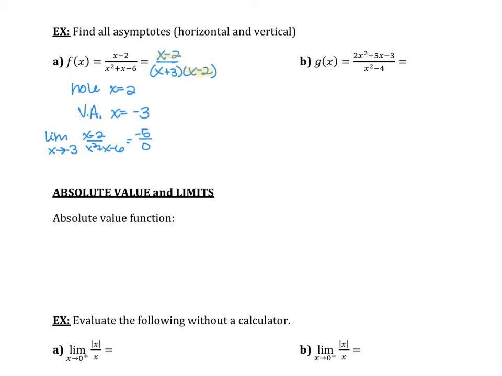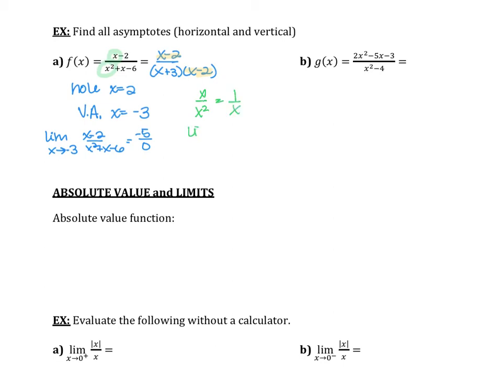Remember, we're looking at the end behavior. We're looking to see what is happening. And again, in the end behavior, I can use the reduced function, or I can just use the function as it stands. Let's change colors. Let's do this one in green. If I look at x over x squared, that's all that really matters in my end behavior. That gives me 1 over x.